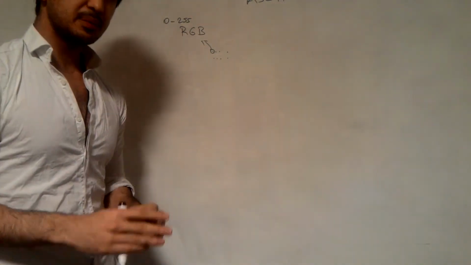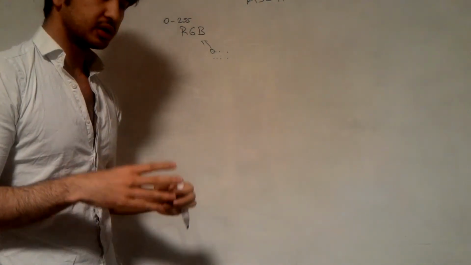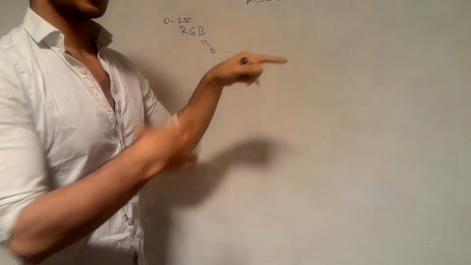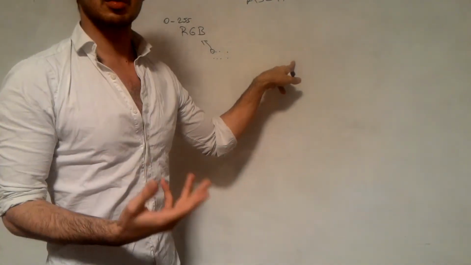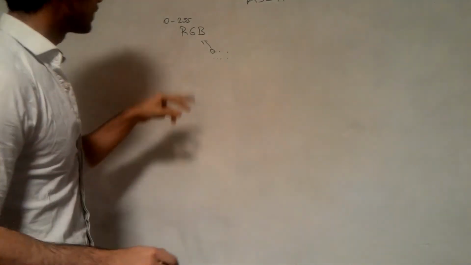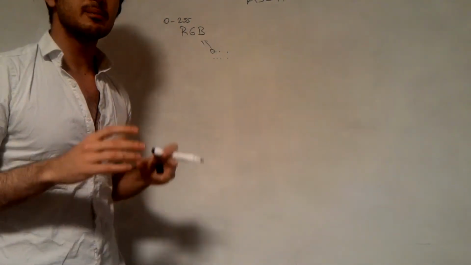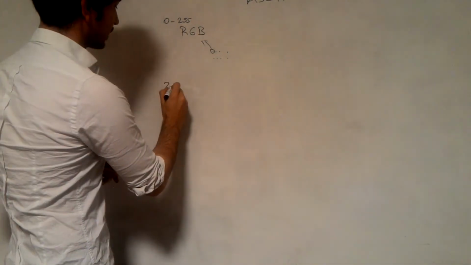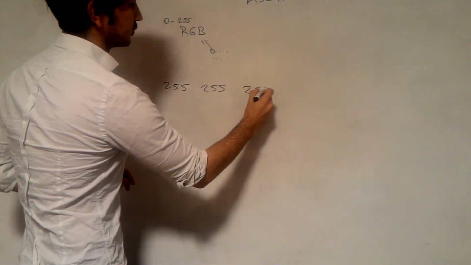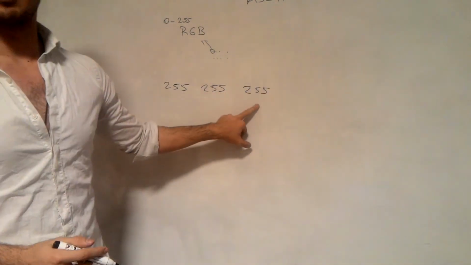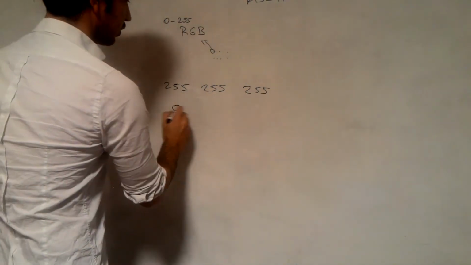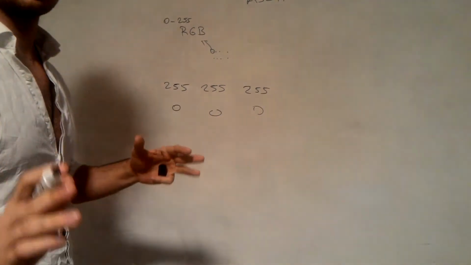So with every pixel in your monitor, you do the same thing. And you make the second one another value, you make the third one another value, and then you can see a picture. Because with red, green, and blue, you can make every color. For instance, if you make all of them 255, you will get white. This is the last value of them. If you make all of them zeros, then you would get black.